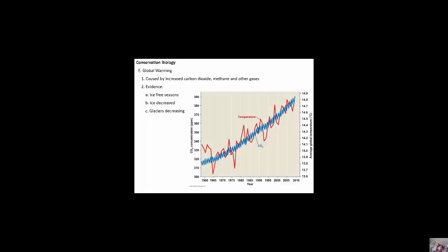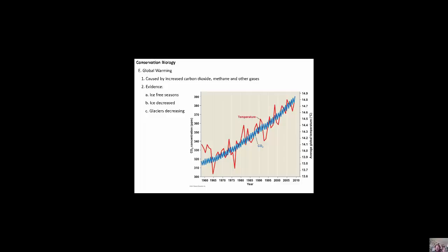We can see ice-free seasons in the northern and southern latitudes lasting 2.5 weeks longer or more. At the North Pole, we have less and less polar ice. And we're seeing fewer and fewer glaciers, right? The glaciers are melting and receding. So we're seeing the effects of that increased temperature.